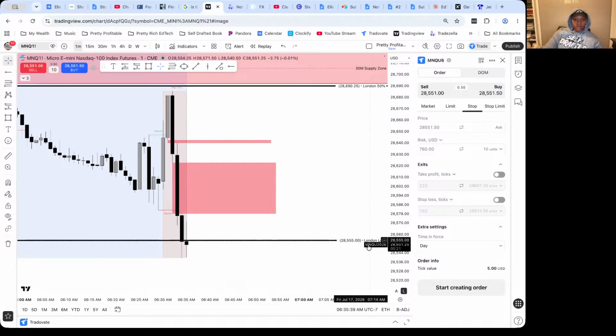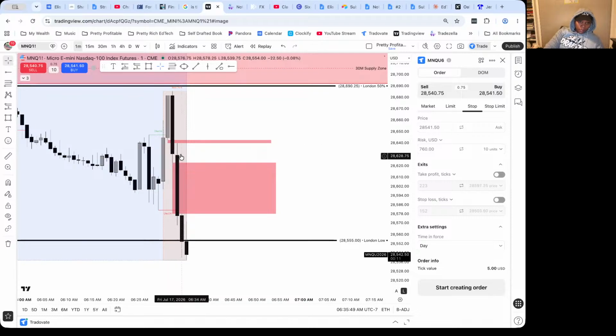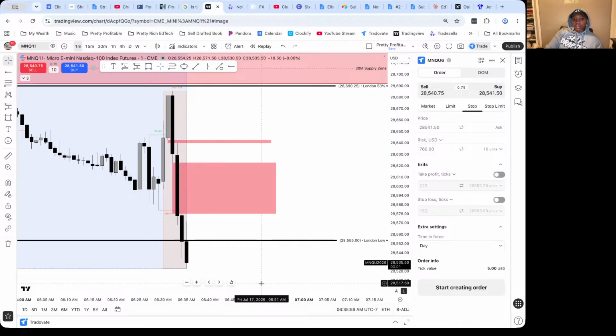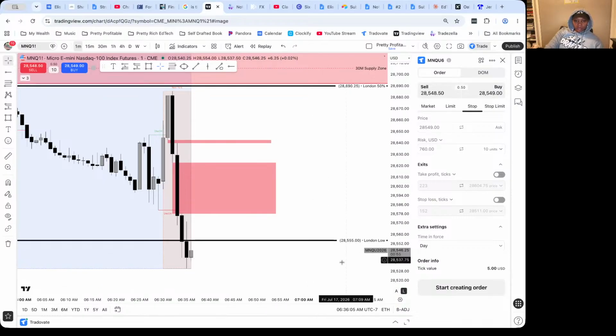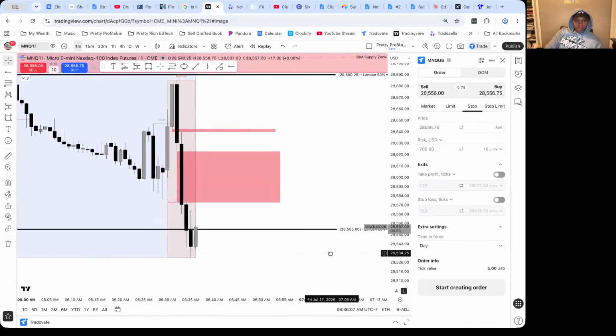We got a big drop, but it's just dropping. So you see here, we got this fair value gap, but we don't have a key candle touching it. It's a big drop I could have got into, but I didn't have the confirmations that made me comfortable to get in.